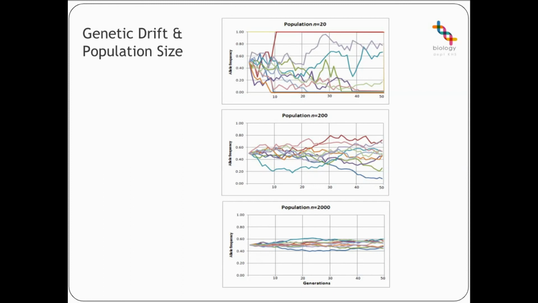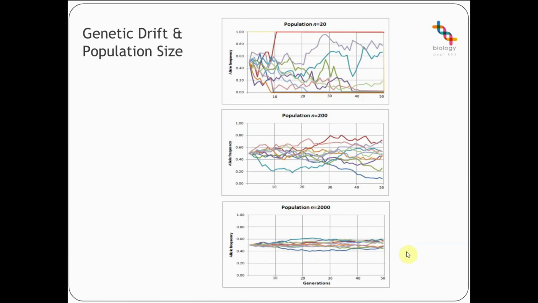So over a number of generations, for example, up here, you might have a change in allele frequency in 10 generations. It could change to 1, it could change to 0, it could stay between 0.4 and 0.6. You've got much more potential variation. Whereas as the populations get larger, that allele frequency becomes far less variable.